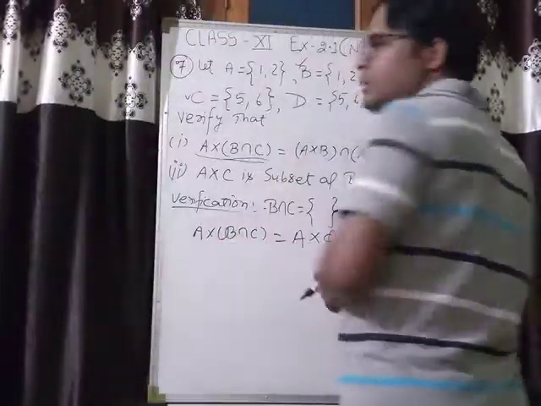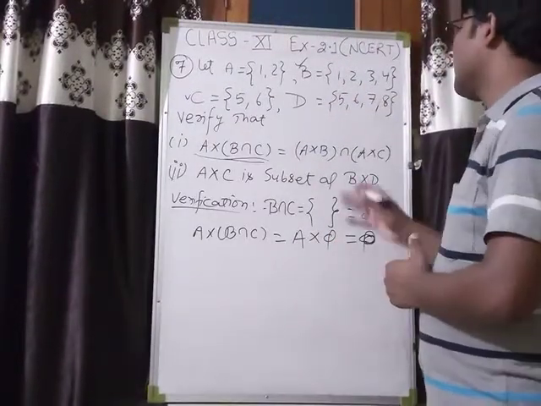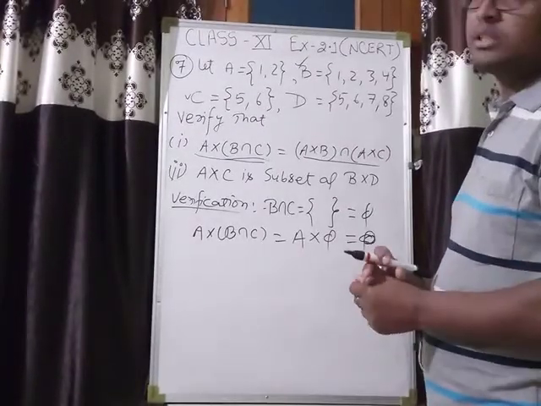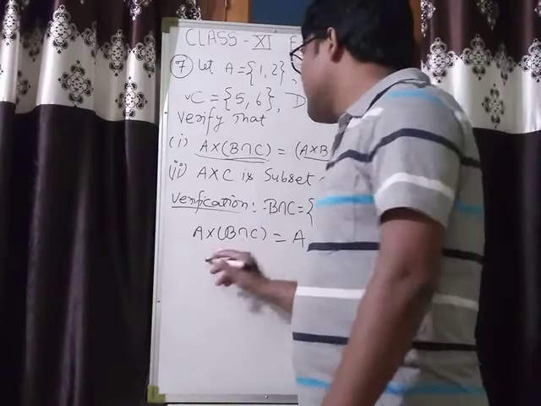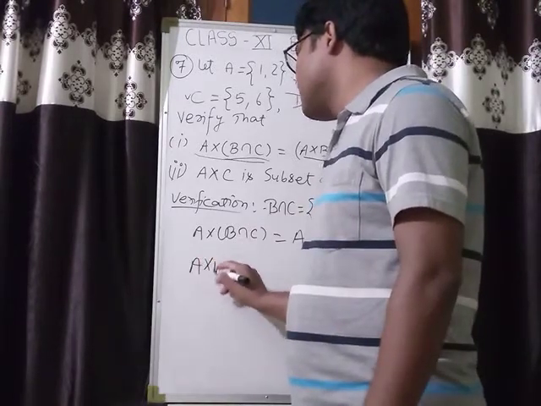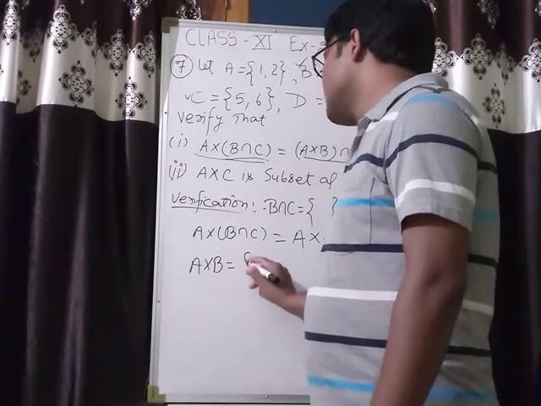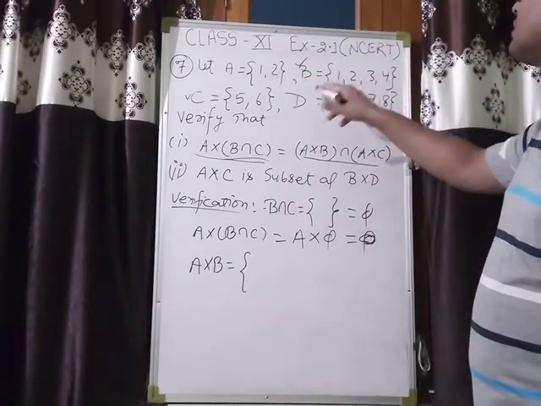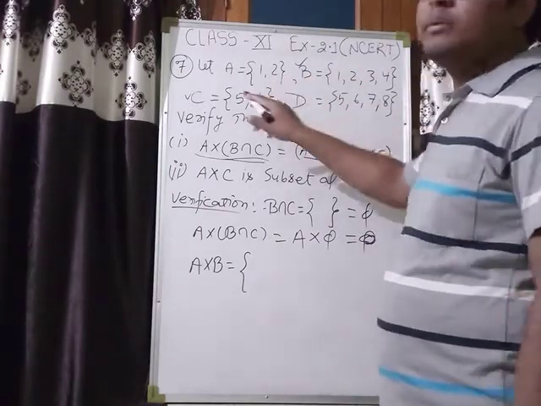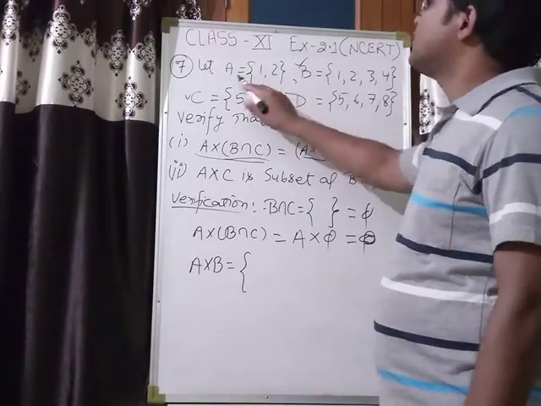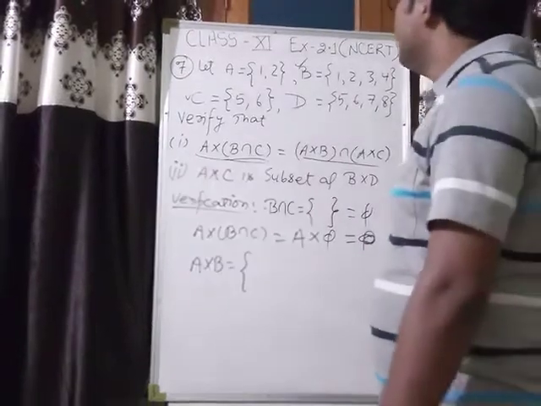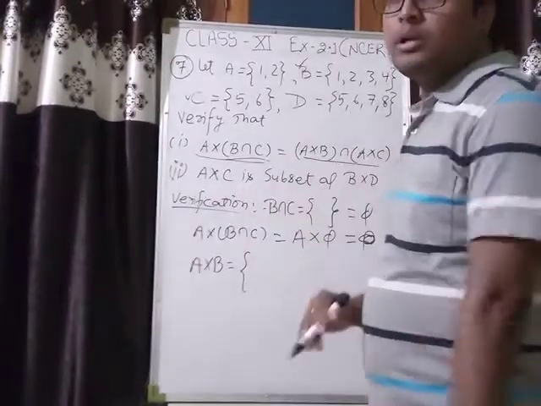Now I am going to find the right hand side, (A Cartesian product B) intersection (A Cartesian product C). For this, we have to find A Cartesian product B first. A is here and B is here. How many elements does A Cartesian product B have? There are 2 elements in A and 4 elements in B, so clearly there will be 2 into 4, that is 8 elements.